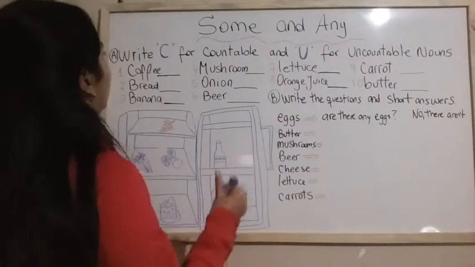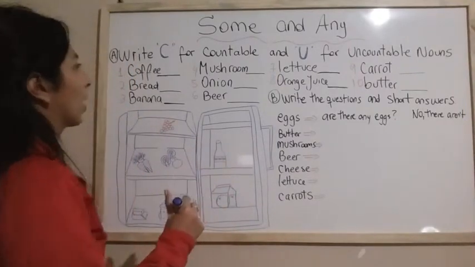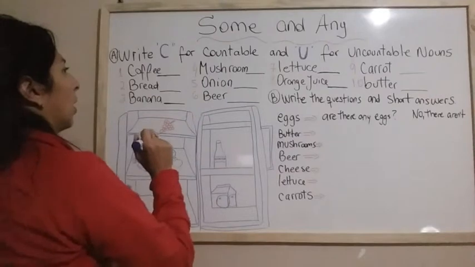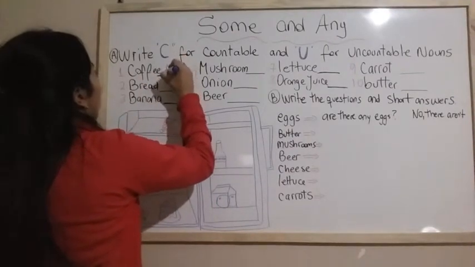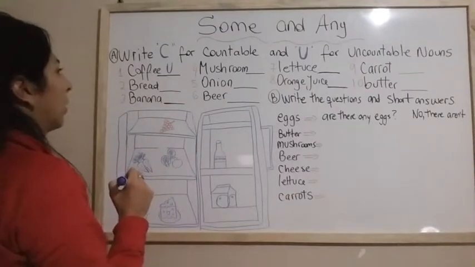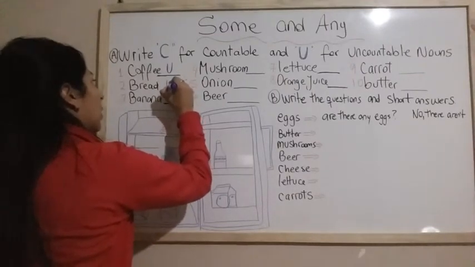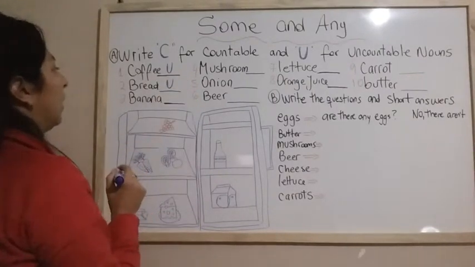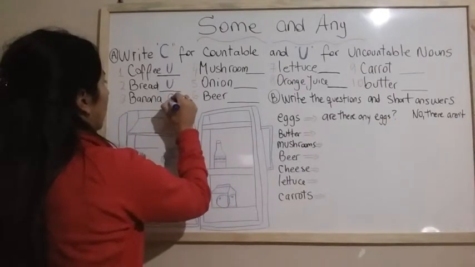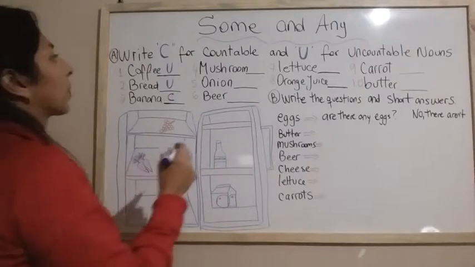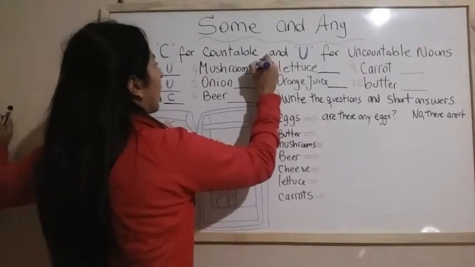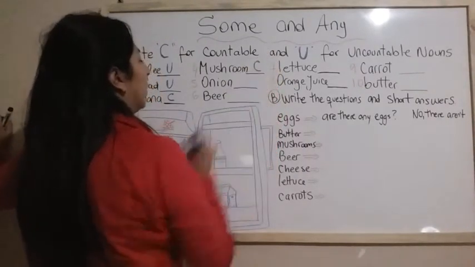So, coffee is a countable or uncountable noun. I remember that coffee is an uncountable noun, okay? Bread is an uncountable noun also. Banana is a countable noun because we can count, okay? Mushroom is a countable noun.